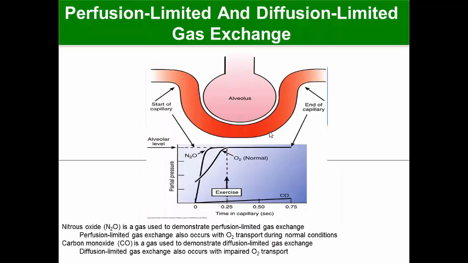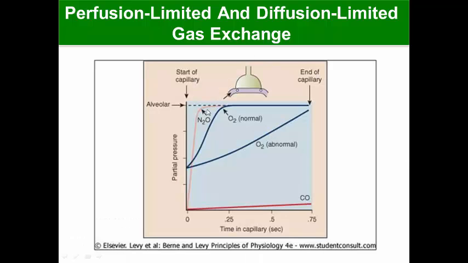So same thing here. This gas, by the way, the one in red, is nitric oxide. And the diffusion of nitric oxide across the respiratory membrane is also perfusion limited. Why?